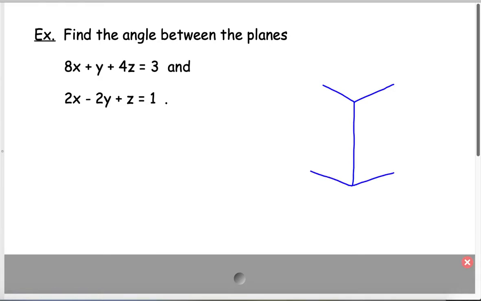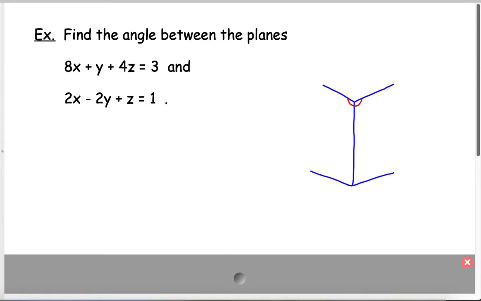All right, so that's the line there. So I want to find the angle between two planes. So if you're looking at the corner of a room, we're trying to find the angle between the two sides. So depending on how you're viewing this, I'm looking for the angle from one wall between the two walls.